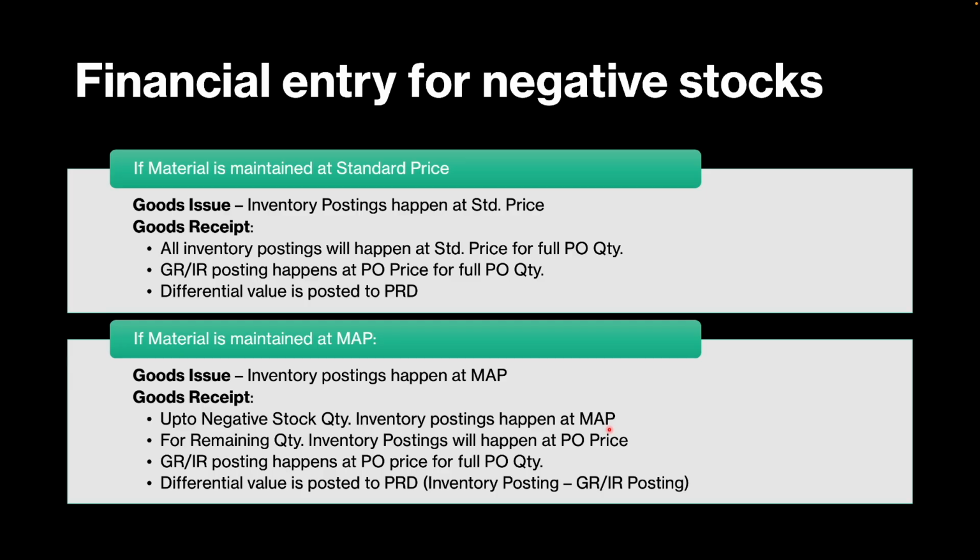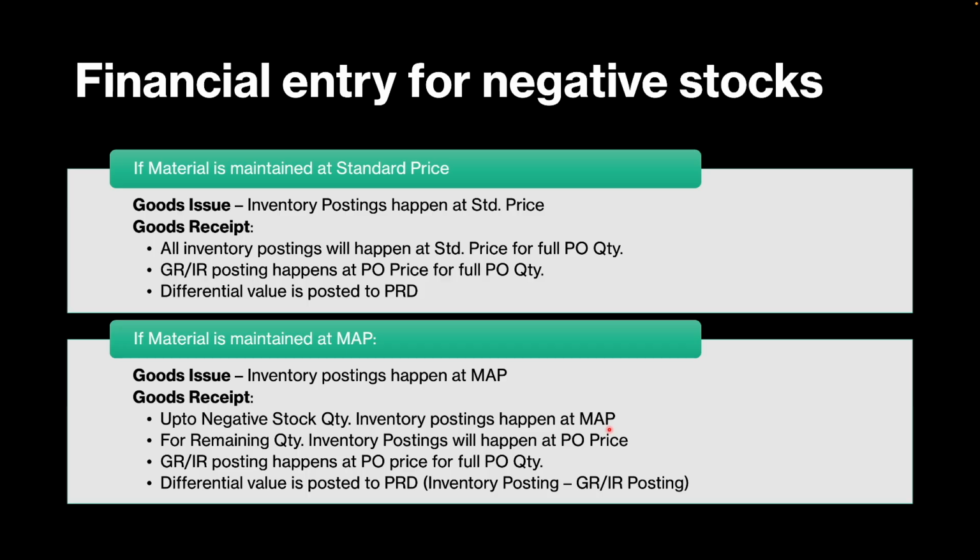So let's say you have negative 10 quantity in your system, and then you are doing GR for 100 quantity, and the PO price is different from MAP. Then for this 10 quantity which is there as negative stock, the system will consider prices from the MAP only. The system will ignore what is there in the purchase order. For the remaining 90 quantity, the system will consider the value from the purchase order.